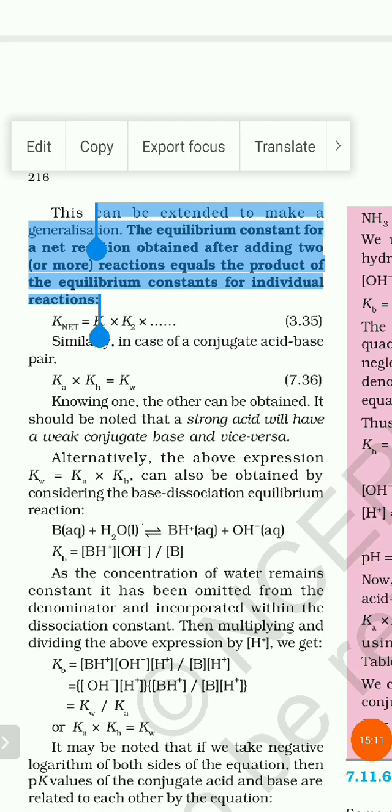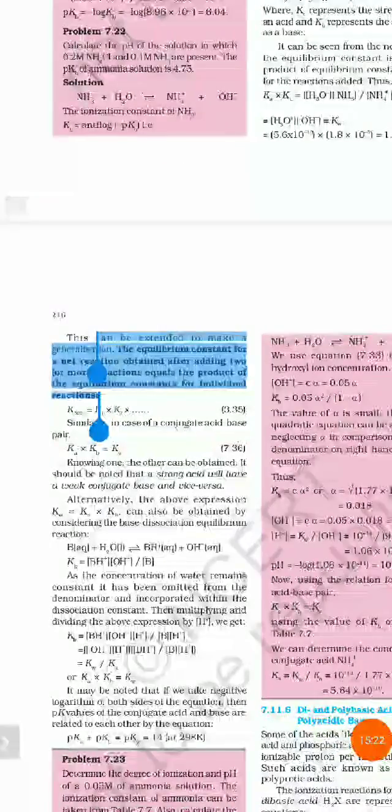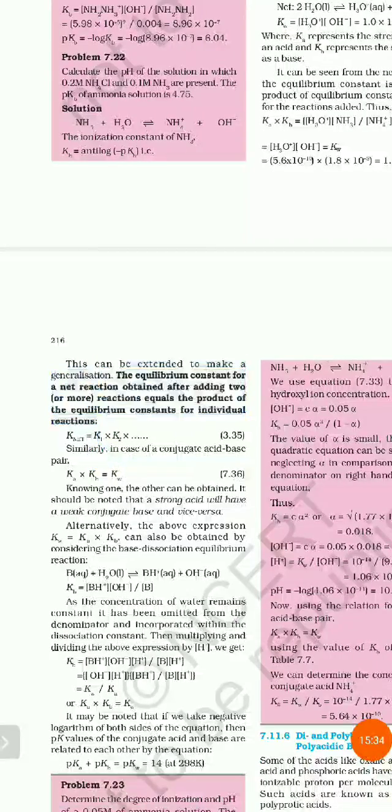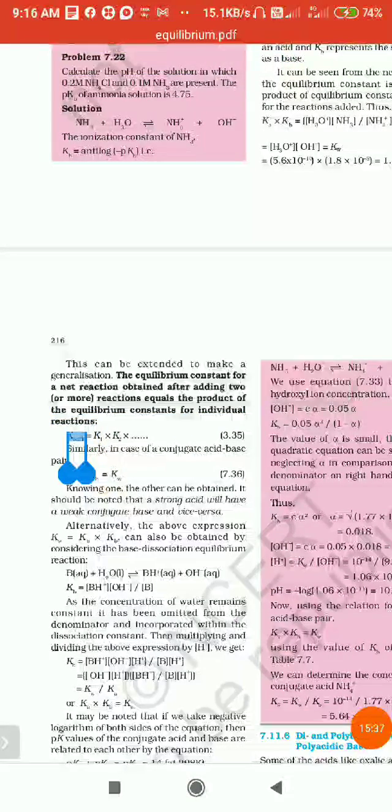If you need the overall reaction, then in the given reaction, look at how many reactants there are and how each is converting, reactant converting into product. If you multiply all the individual equilibrium constants, you can get the overall net reaction.